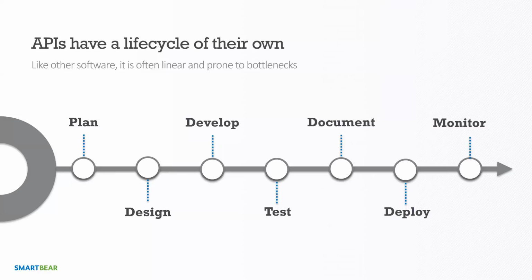Then we have an extra one that gets specific attention on the API side: documentation, to make that API consumable and actually usable. And then the deploy and monitoring stage, as we're getting towards putting that value into the hands of the end user. You can see that this is pretty flat. It's shown in a waterfall-type manner here, but it is linear, and just like the rest of software development, it's prone to bottlenecks at many points in this process.